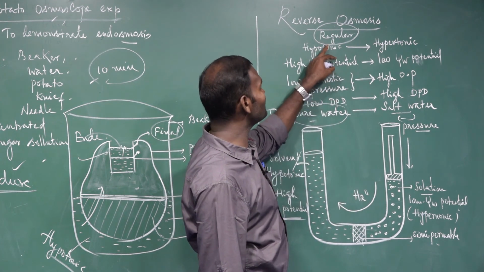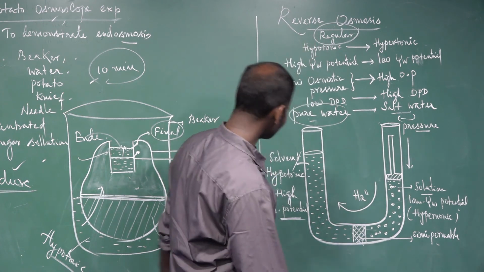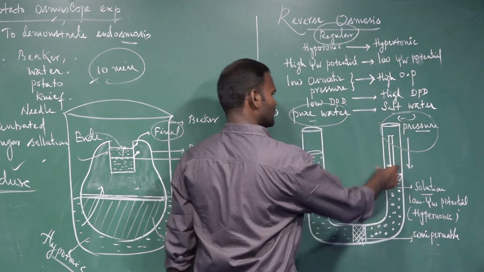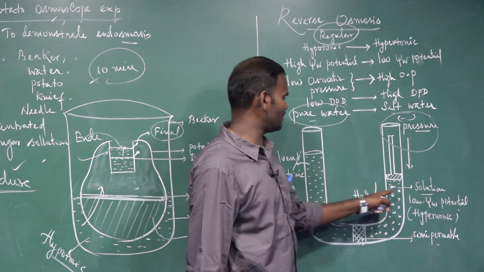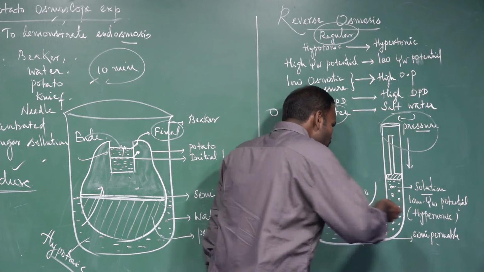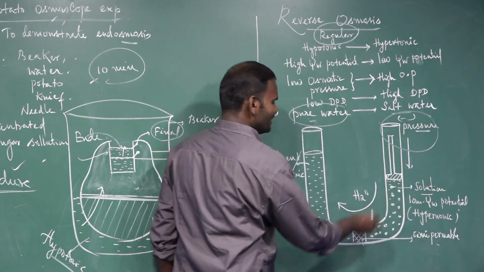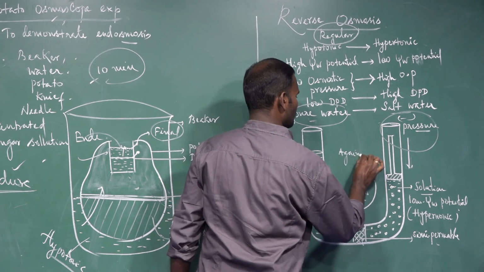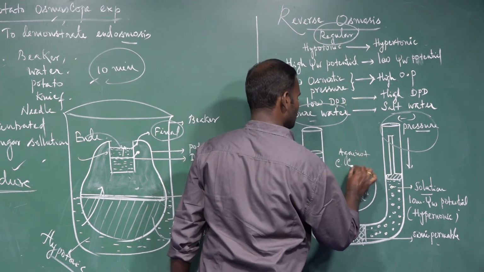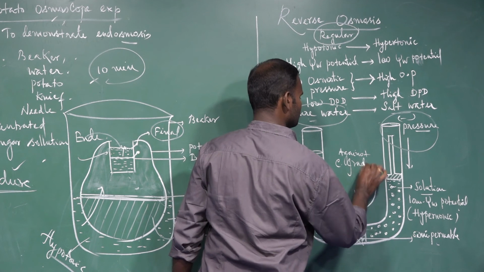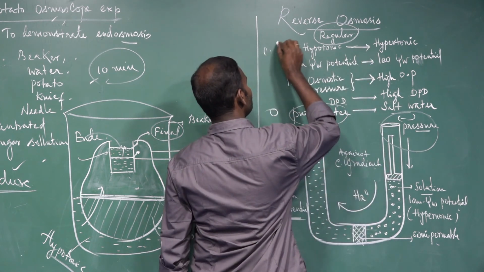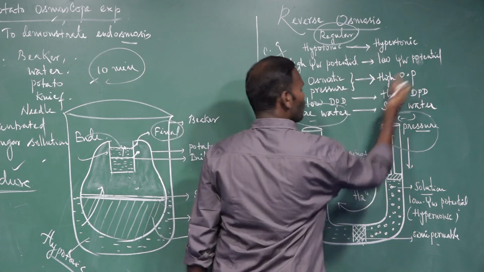But what is called reverse osmosis? By applying pressure on one side, atmospheric pressure, it forces the water against the concentration gradient. In regular osmosis, water moves along the concentration gradient, from higher concentration to low concentration.